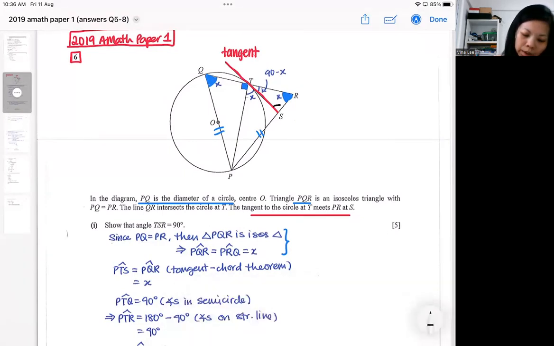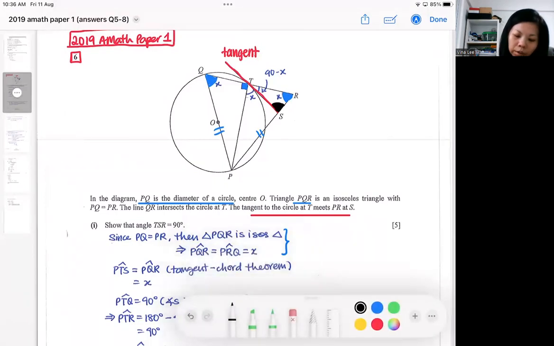My objective in this question right now is to prove that TSR, which is this angle, will be 90 degrees. If you wouldn't know what to do with it, first of all, you can assign whatever you have. So that's what I did. I assigned the base angle as x because of the isosceles triangle. And then I also deduced a tangent chord.